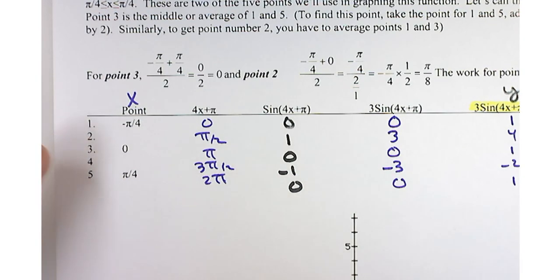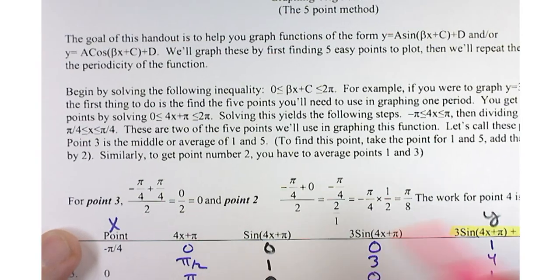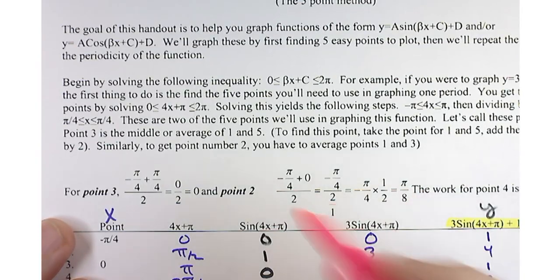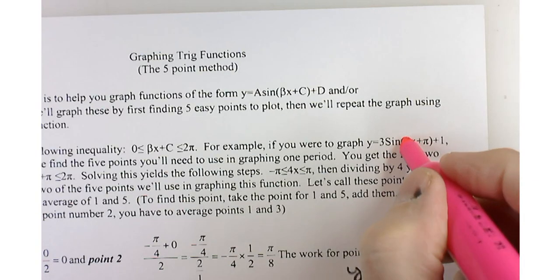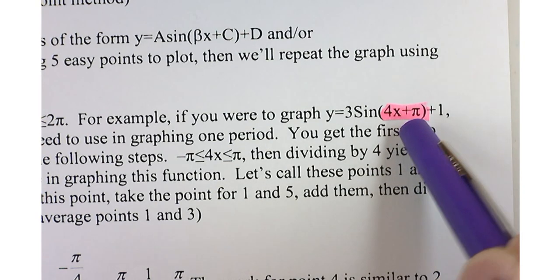The way we're going to start out is you're going to take this part of the expression and stick that in between 0 and 2 pi and then solve an inequality with the argument of this in the middle.